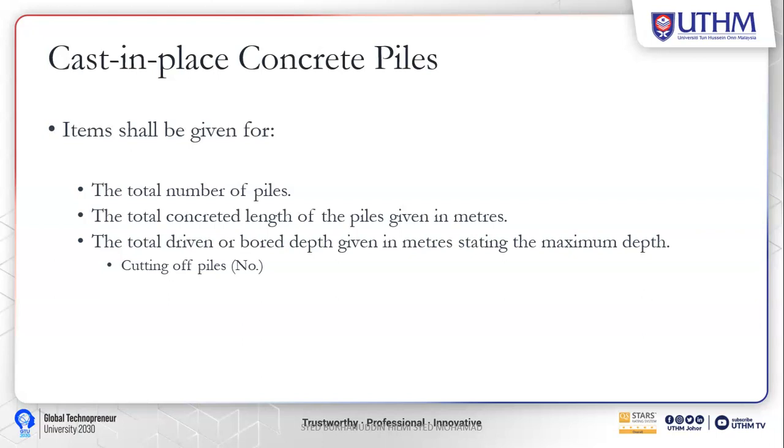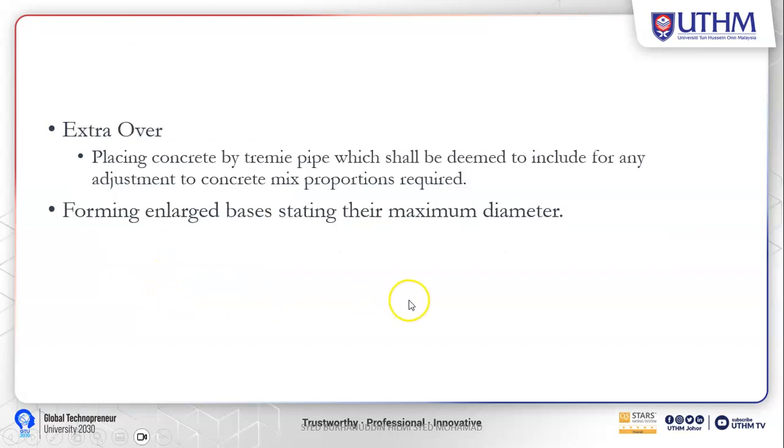For cast in place concrete pile, items to be given are the total numbers of piles, the total concreted length of the pile given in meters, the total driven depth given in meters, stating the maximum depth. And also you need to state the cutting off piles.